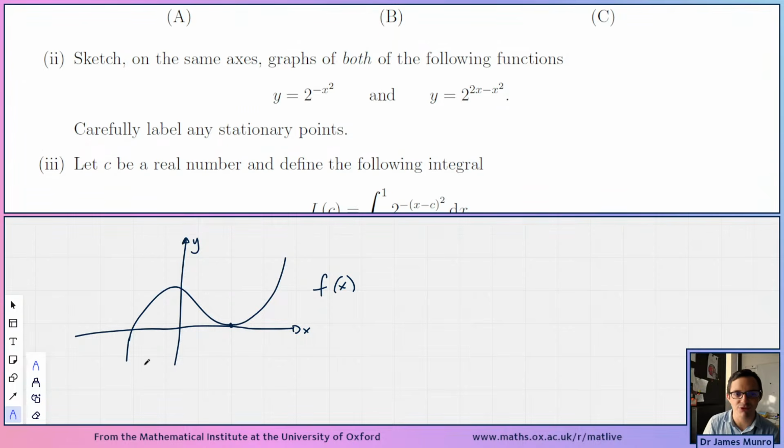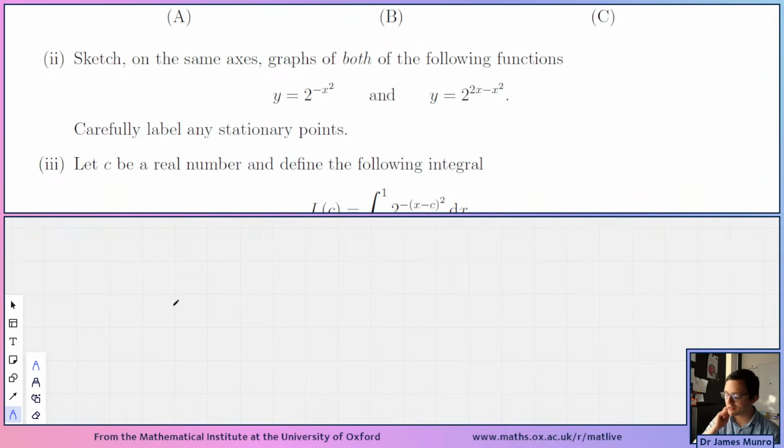Okay, here's a more interesting bit of sketching then, and it's more functions like the thing we just did in a short mat question as a warm-up. We're asked to sketch here 2 to the minus x squared. So this time I'd actually like you to think about the different values that this takes, depending on different values of x. And they've also got 2 to the 2x minus x squared.